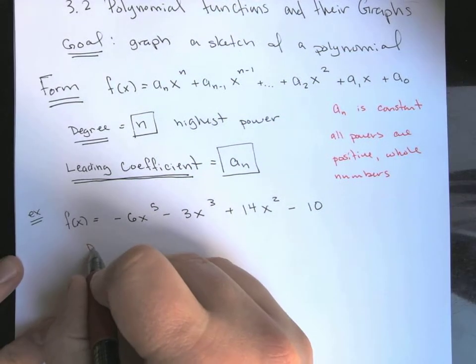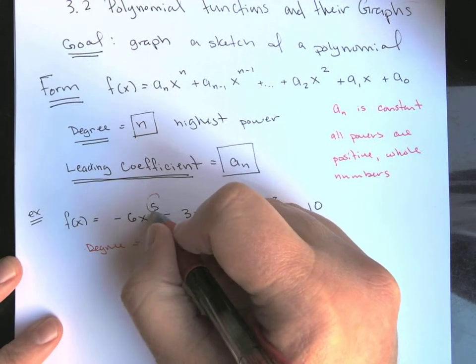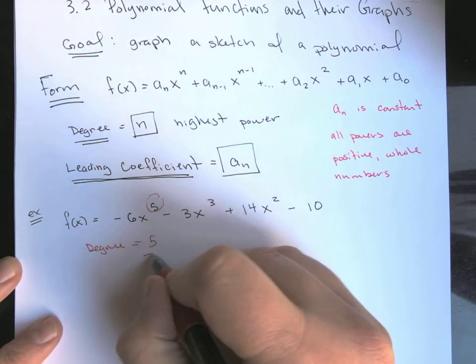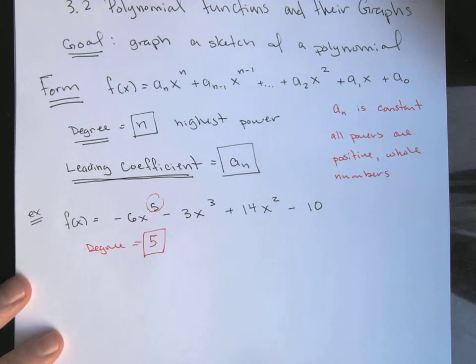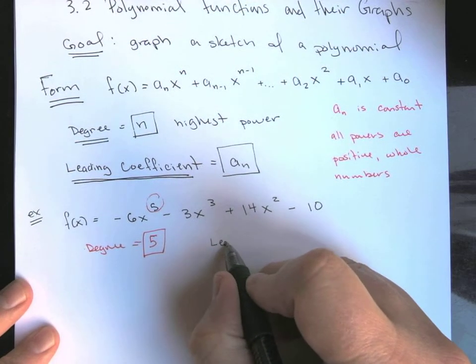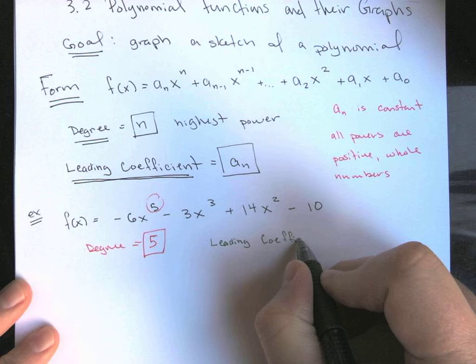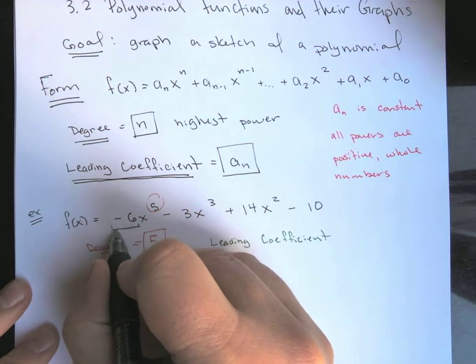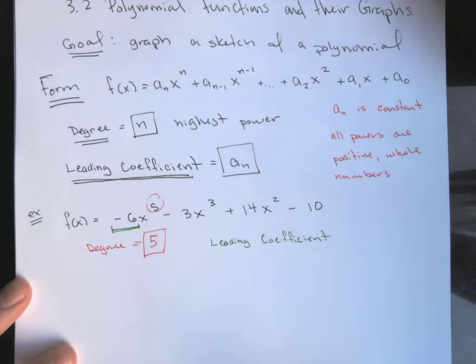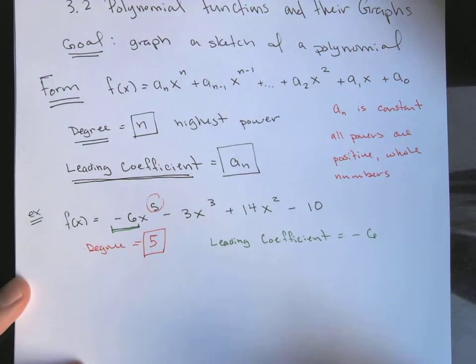So our degree is going to be this highest power. So our degree is 5. It's the largest exponent on all of our terms. The leading coefficient is going to be whatever the number is in front of that term, positive or negative. So we're going to say our leading coefficient here is negative 6.